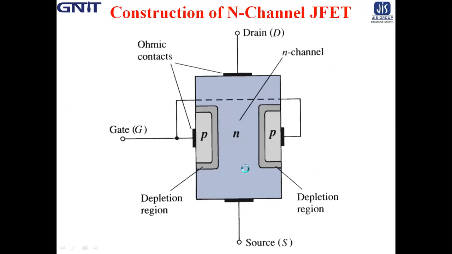Metallic contacts at the top ends of the bar are ohmic contacts called source and drain. P-type impurities are diffused on the two sides of the N-type bar. See here.